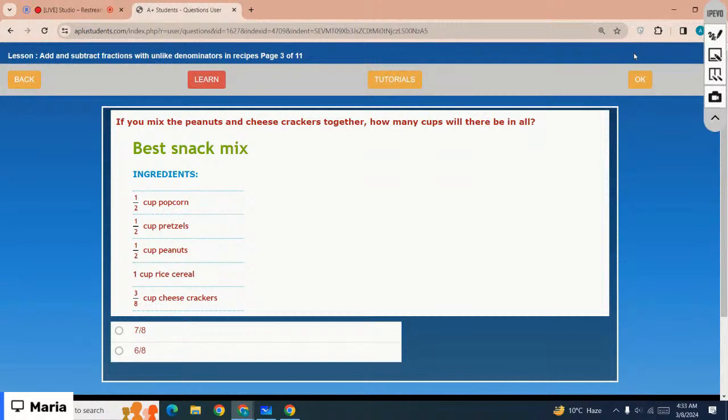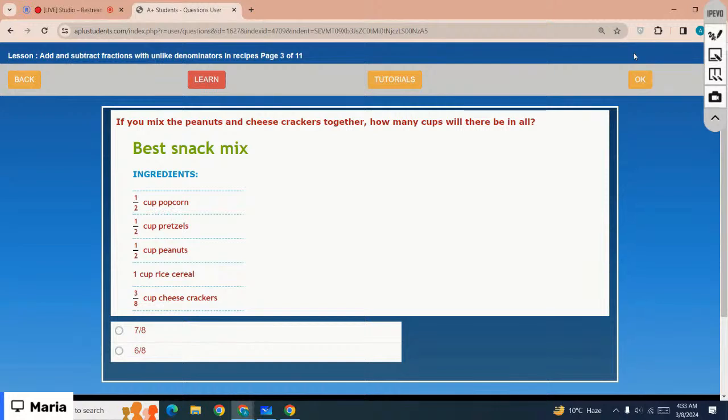If you mix the peanuts and cheese crackers together, how many cups will there be in all? The peanuts are 1 by 2 and the cheese crackers are 3 over 8. So, which is the correct option? You have to add 1 by 2 and 3 by 8.